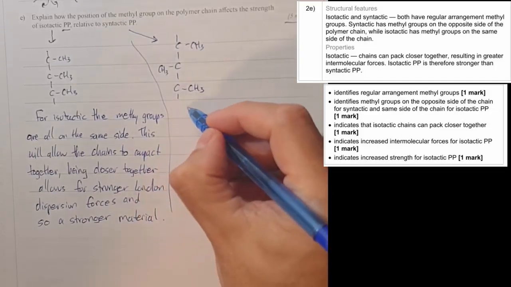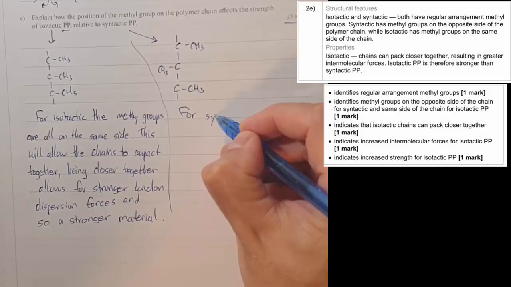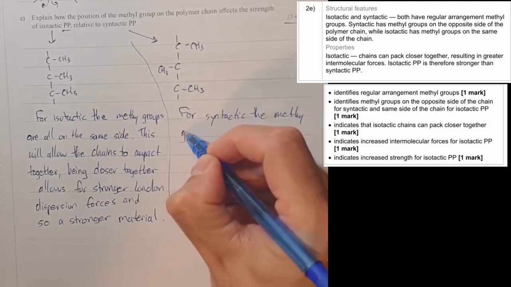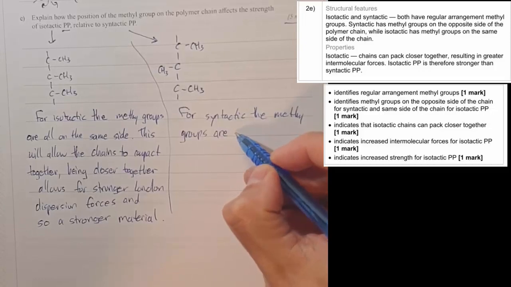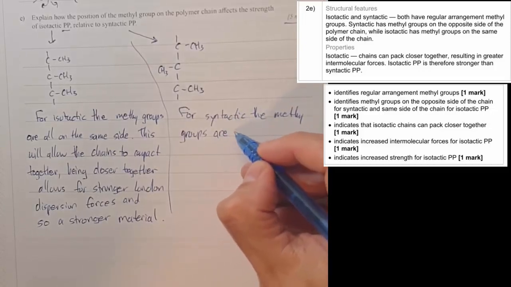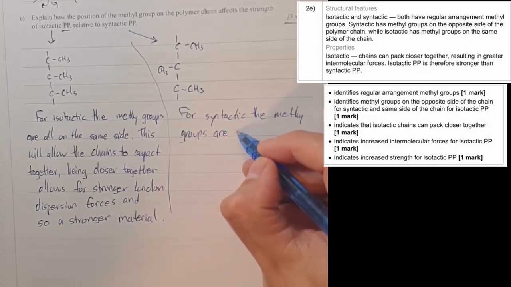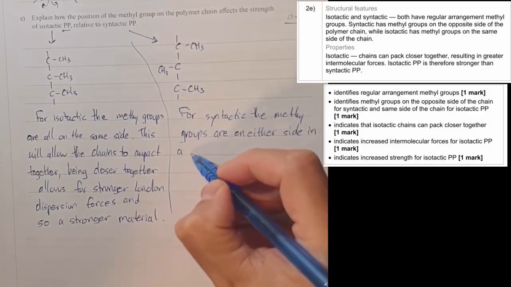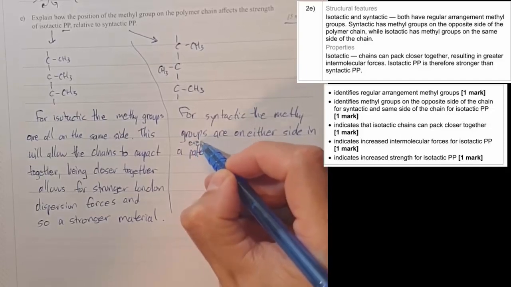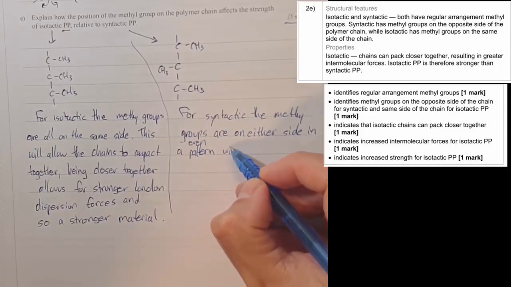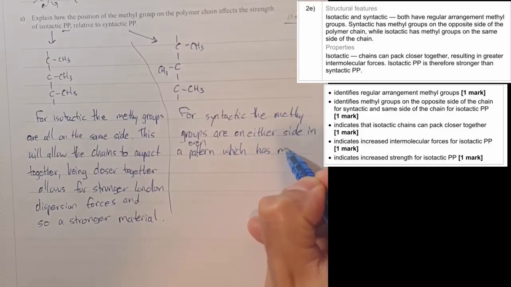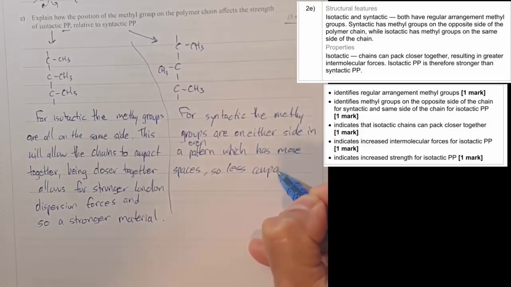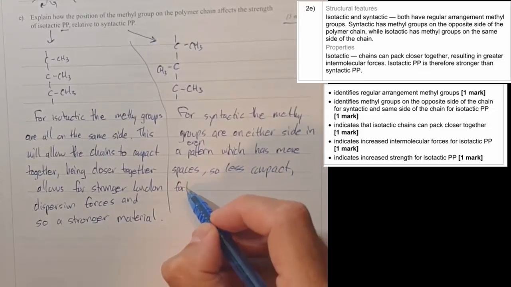Just say the opposite for this one. For syndiotactic, the methyl groups are on either side in an even pattern, which has more spaces, so less compact, further away from each other.